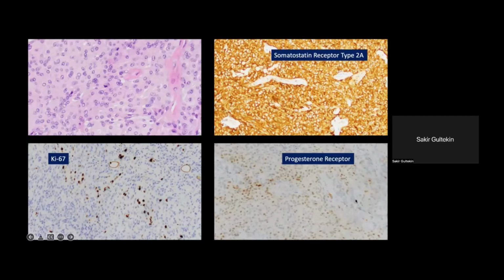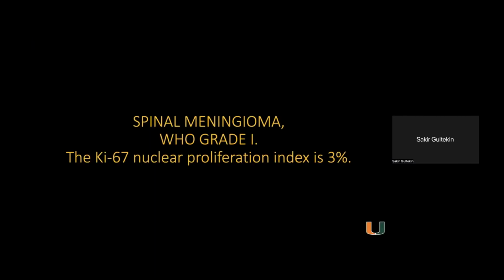Other markers for meningioma would be progesterone receptor and epithelial membrane antigen. I'm showing the progesterone receptor at the bottom, which is focally positive. It's a nuclear marker. The Ki-67 was generally lowish, but there were some pockets of slightly higher Ki-67 index. So it's a meningioma. How did this patient do?